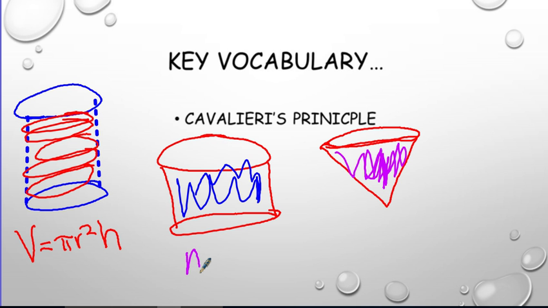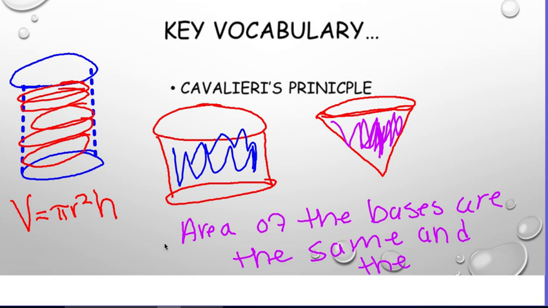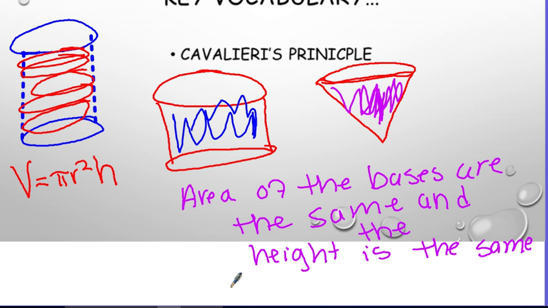If the area of the two bases are the same, and the height of the two objects are the same, then the two figures will have the same volume. That is Cavalieri's principle.